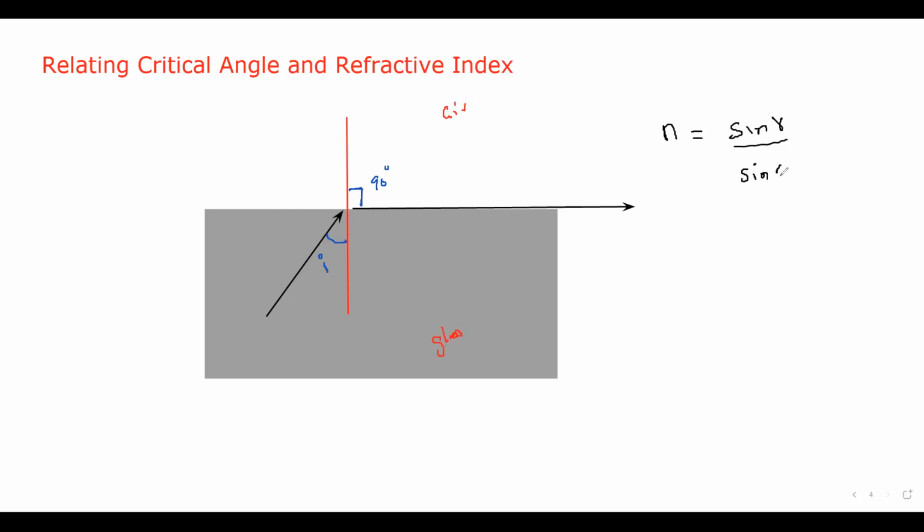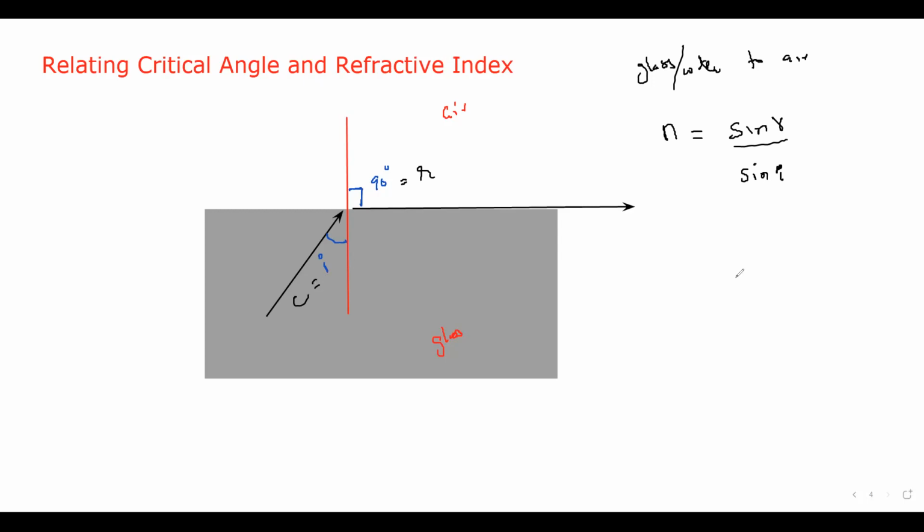This is the formula we use when the light is traveling from glass or water to air. So what is sine r here? The angle of refraction is 90. And what is the angle of incidence? That is the critical angle.